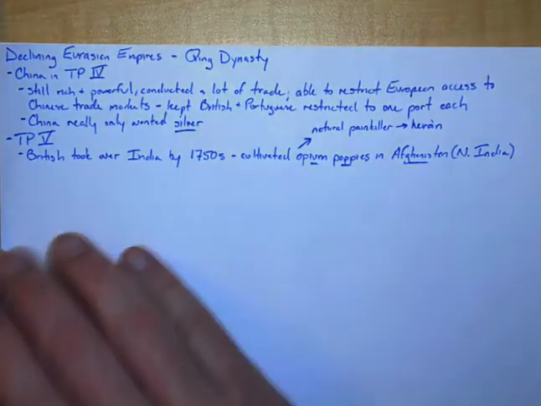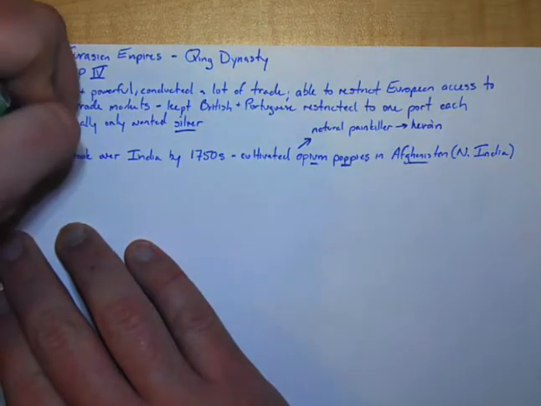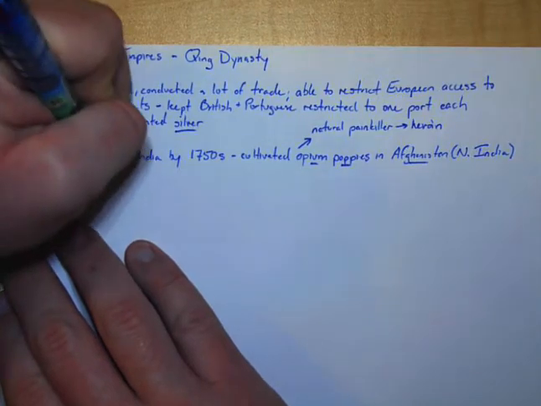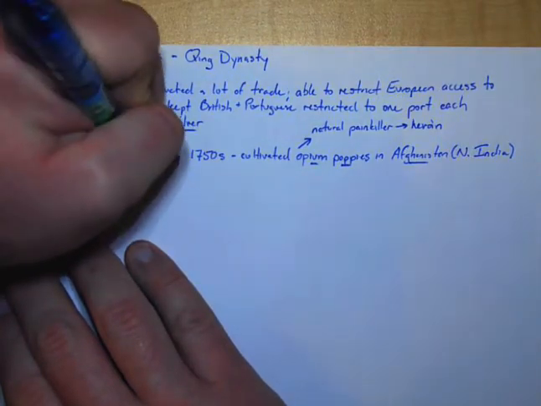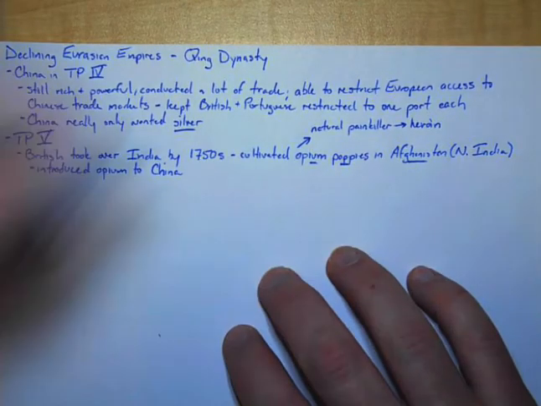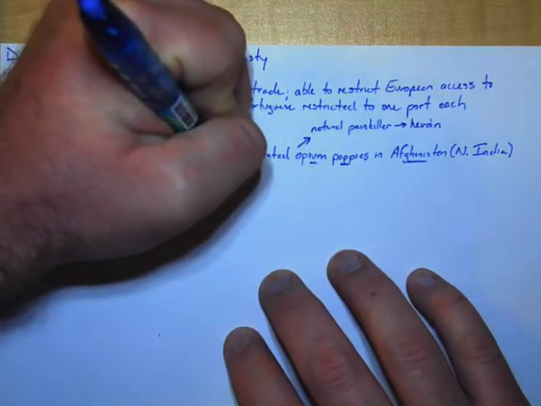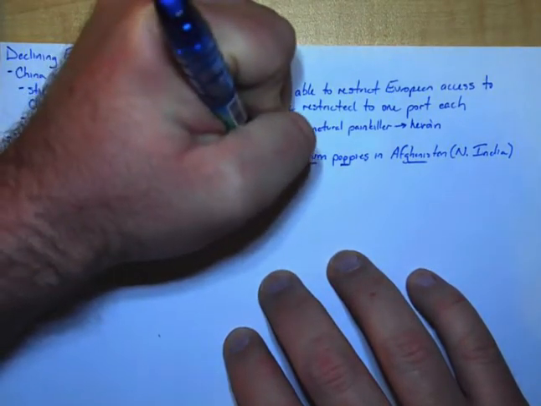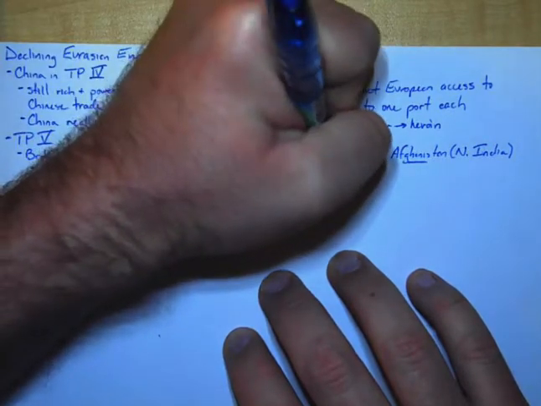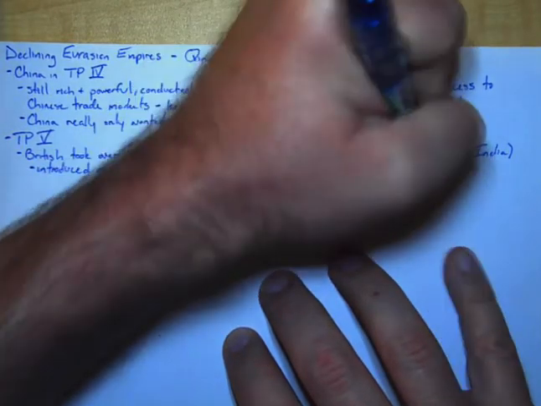And so what the British did is the British introduced opium to China, basically creating opium addicts to force China to trade with them.